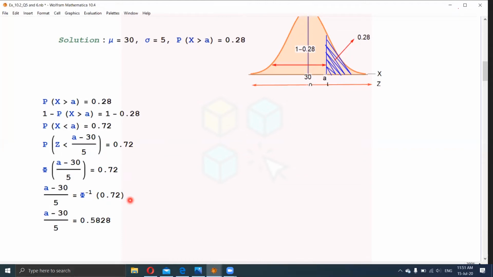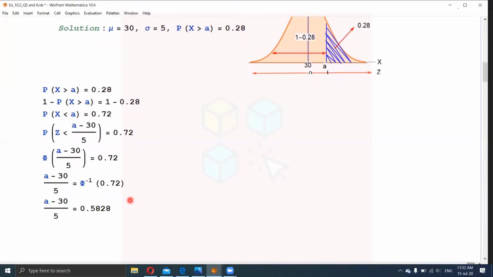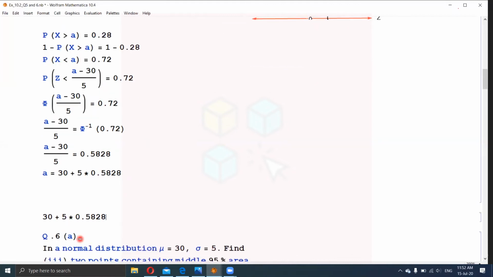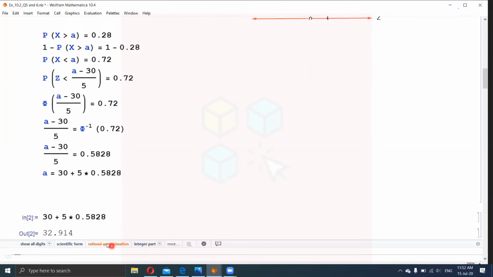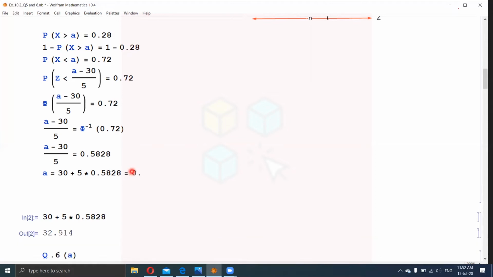Now we'll solve this equation to get the value of A, which is obtained as 30 plus 5 into 0.5828. Its answer is 32.914.